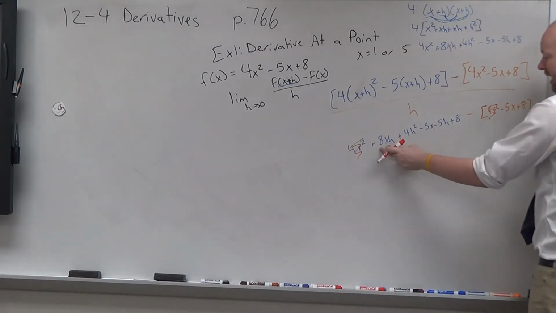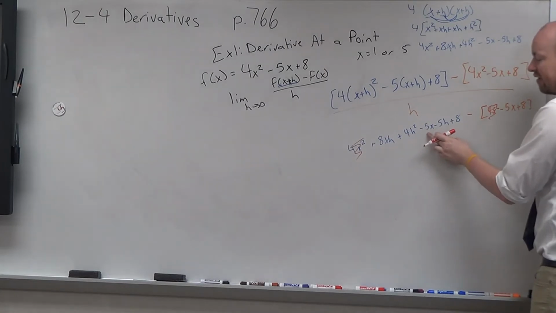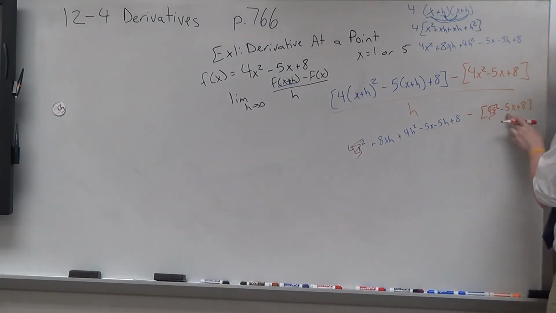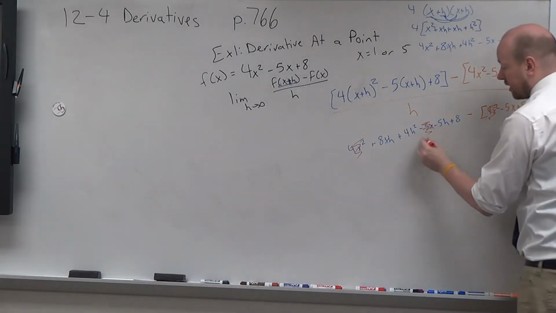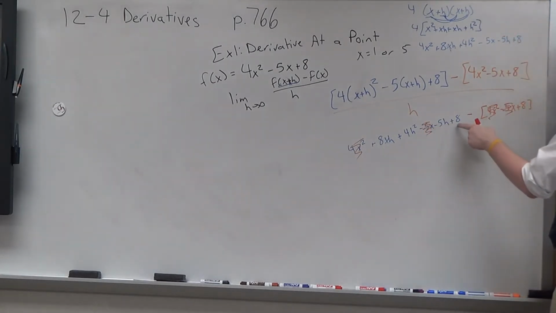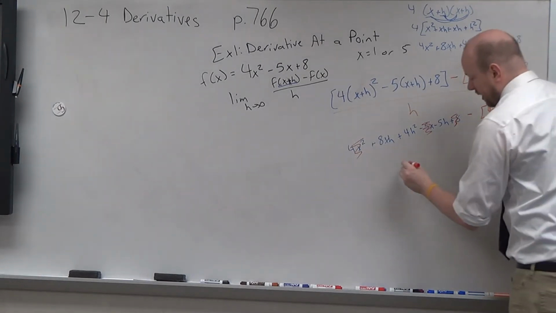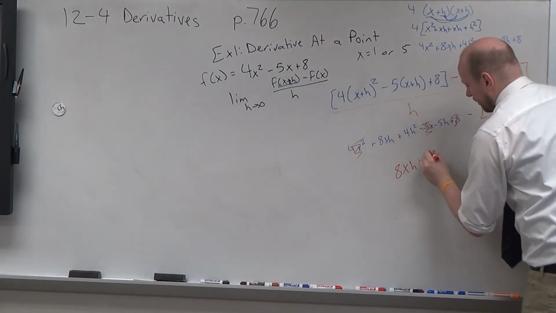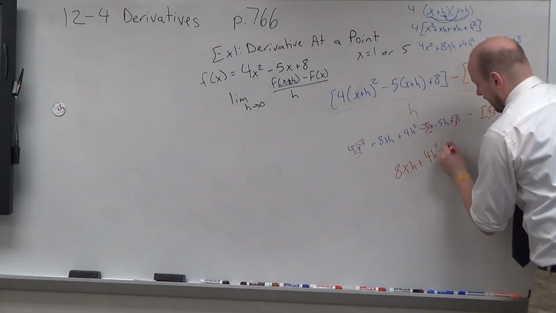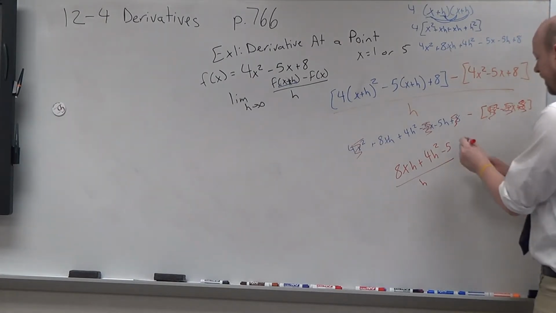I get no xh's to take away, so I don't have to. I get negative 5x minus negative 5x, so that would be a plus, so those two cross off. And then I get 8 minus 8, so those cross off. So all I'm left with is 8xh plus 4h squared minus 5h, all over h.